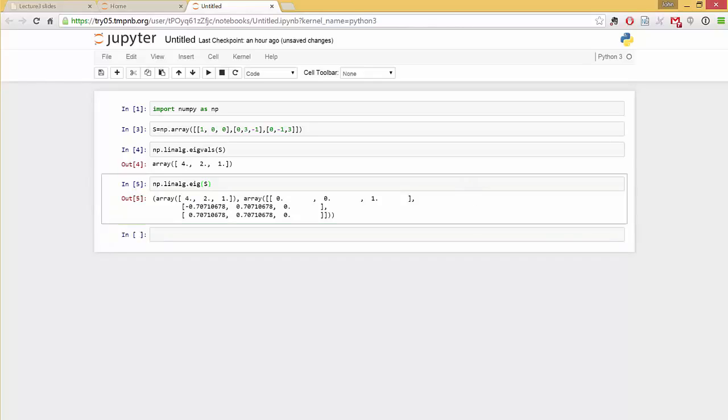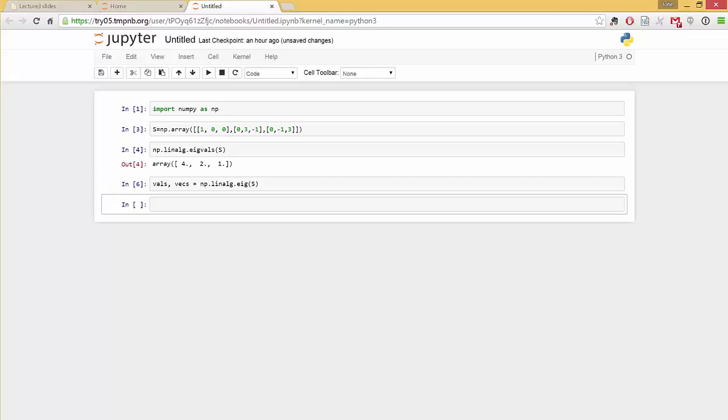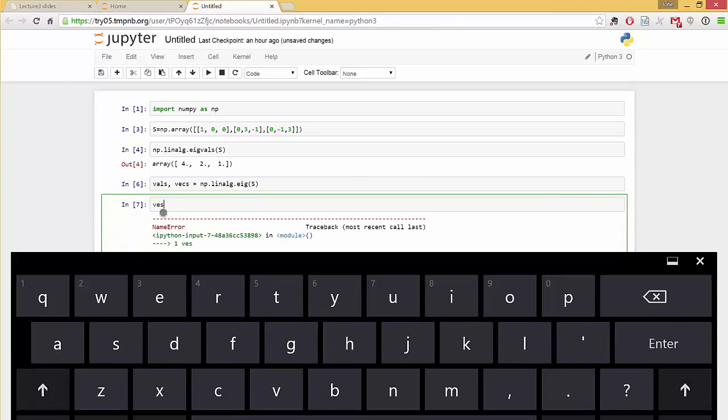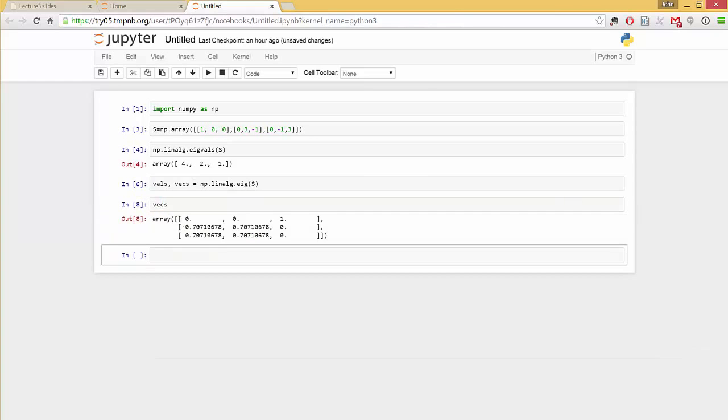So it actually gave me the eigenvectors and the values. So vals, vecs equals that, and let's look at the vecs. So those are the eigenvectors, and if you know what 1 over the square root of 2 is, it's like 0.707, right? So that's exactly what we got.